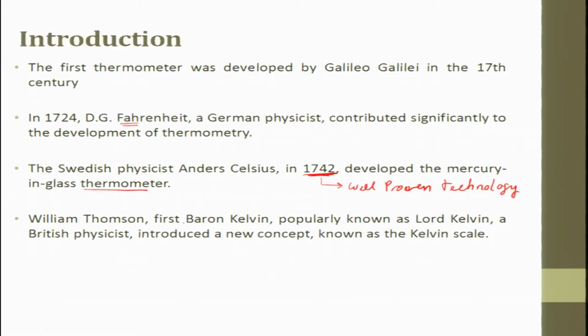William Thomson, the first Baron Kelvin, popularly known as Lord Kelvin, a British physicist, introduced a new concept known as Kelvin scale. So, Kelvin scale, when the temperature goes below 0, all these things come into existence. So, the stars who contributed towards thermometer are Fahrenheit, Celsius and Kelvin. They are all remembered today for temperature measurement.